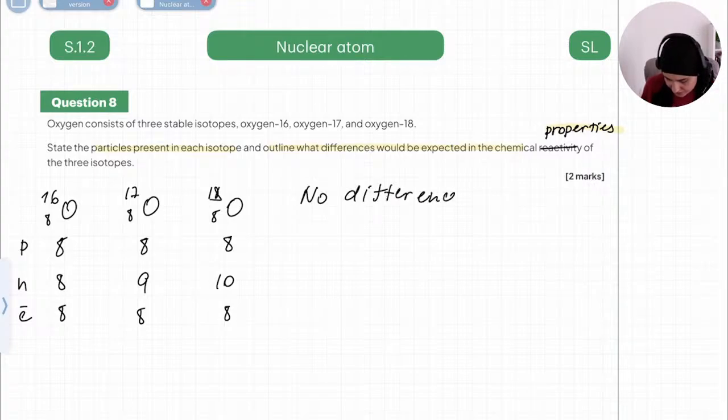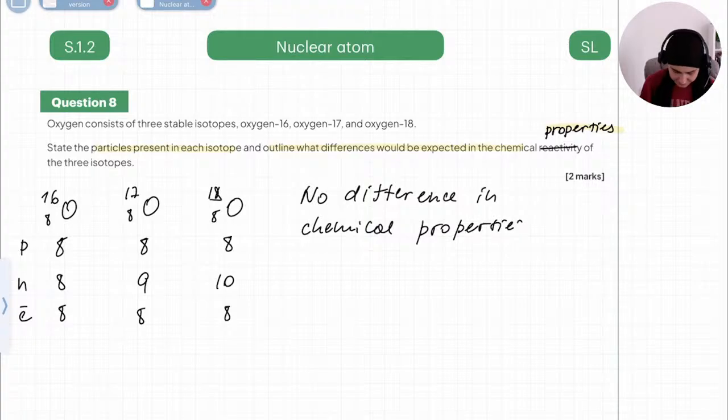and I think we have to explain. I would explain it in any case, even if they didn't ask explicitly. Yes, let's explain. Because all of these isotopes have the same number of electrons in the outer shell.